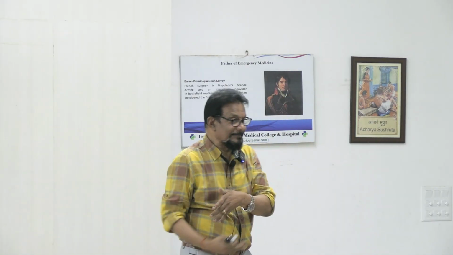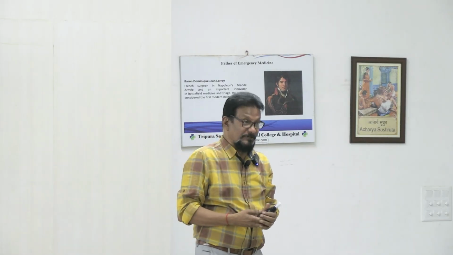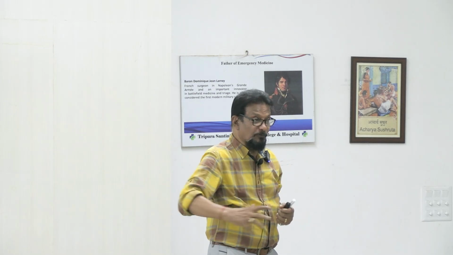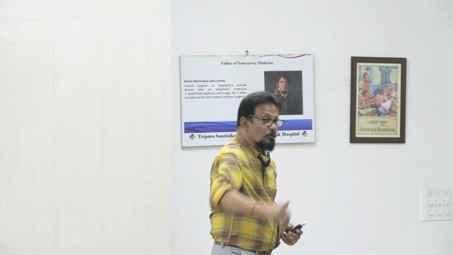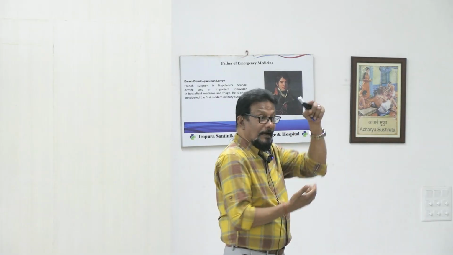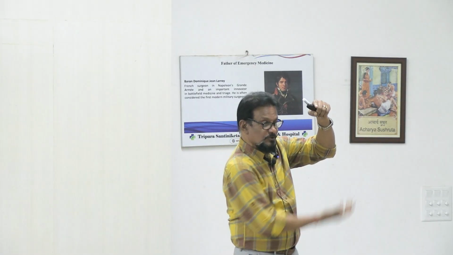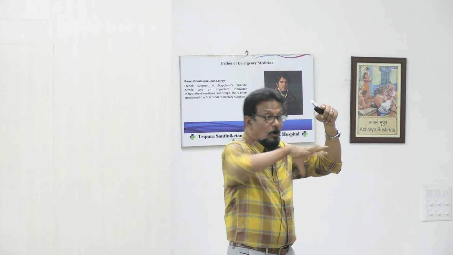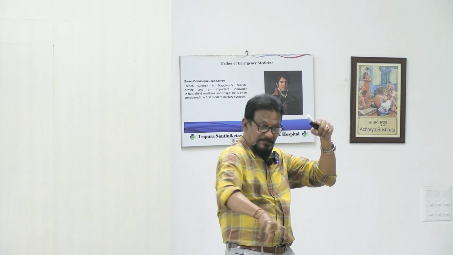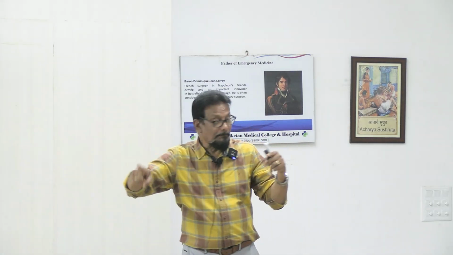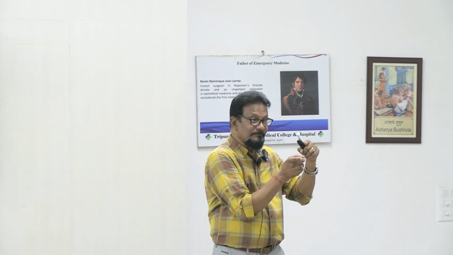So these two forces act on the heart. One force is pushing the blood to the heart. Actually it is the suction pressure. Because of the suction, blood is entering into the right atrium.